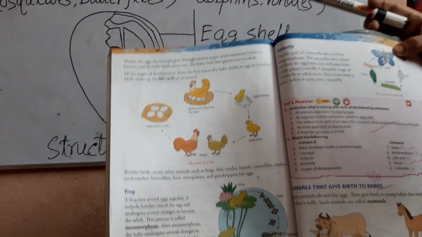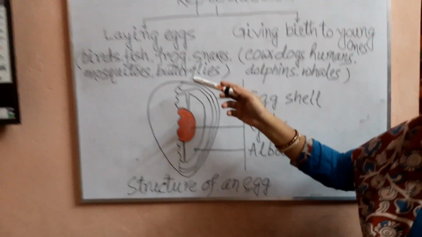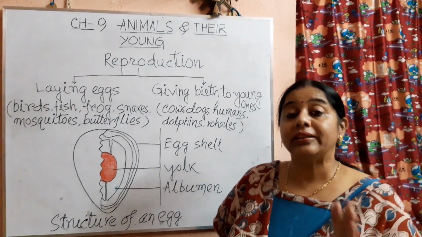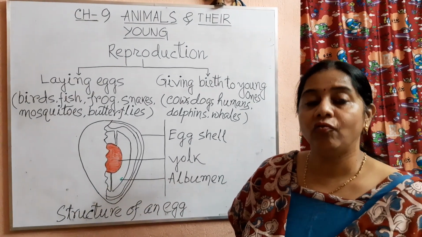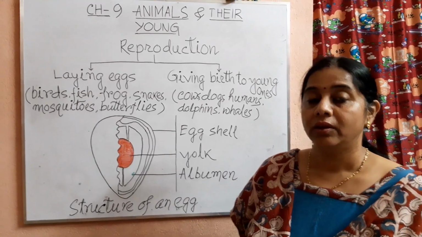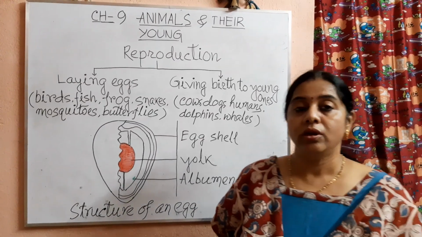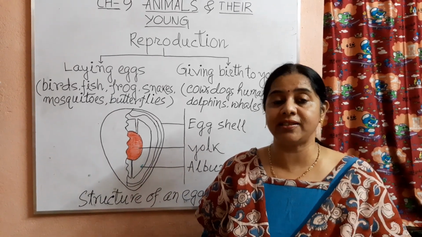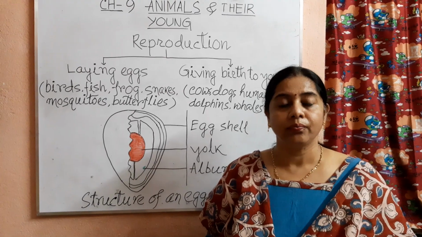Understood? All of you know, besides birds, frogs, butterflies, mosquitoes, they also lay eggs for reproduction to produce their young ones. Children, remember it, reproduction is a very important biological process among living beings.